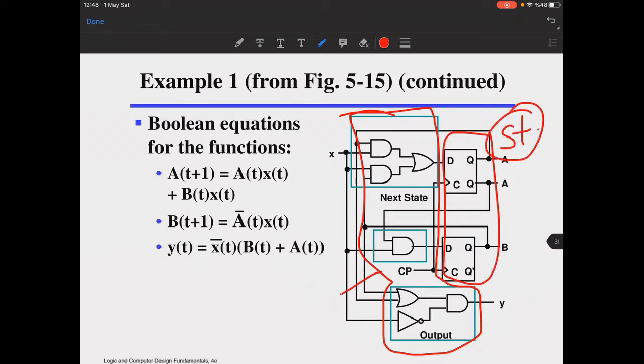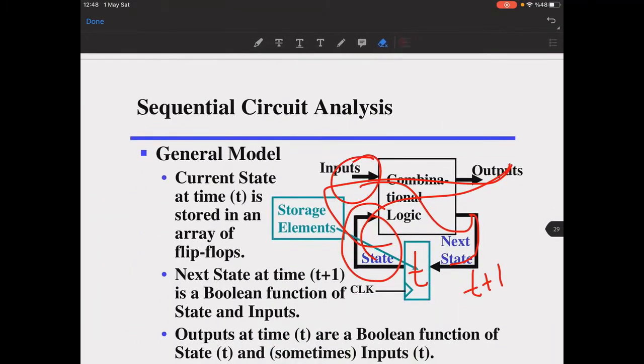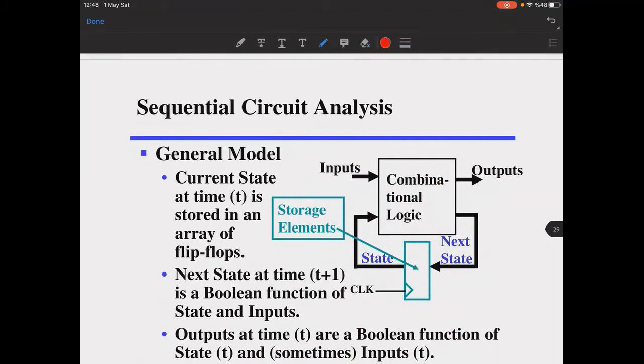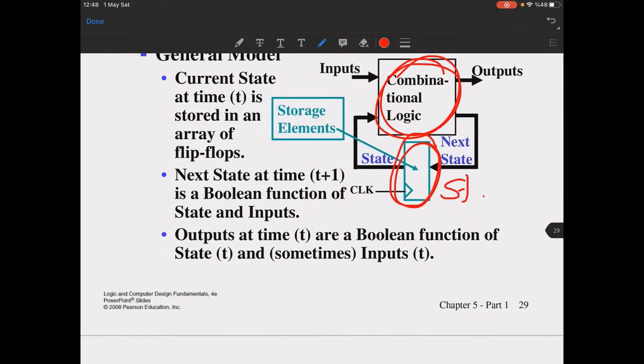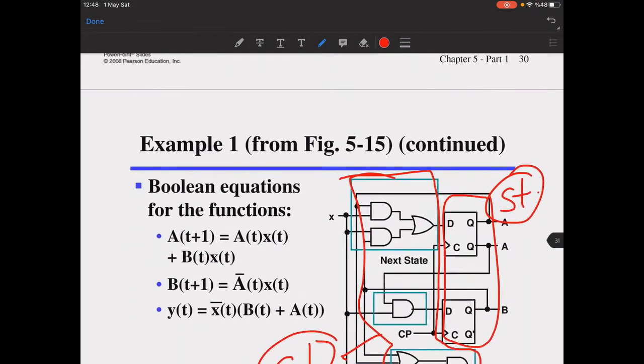If we return to right here, these are your storage elements, and this is your combinational logic part. That's it. Hope you have an idea.